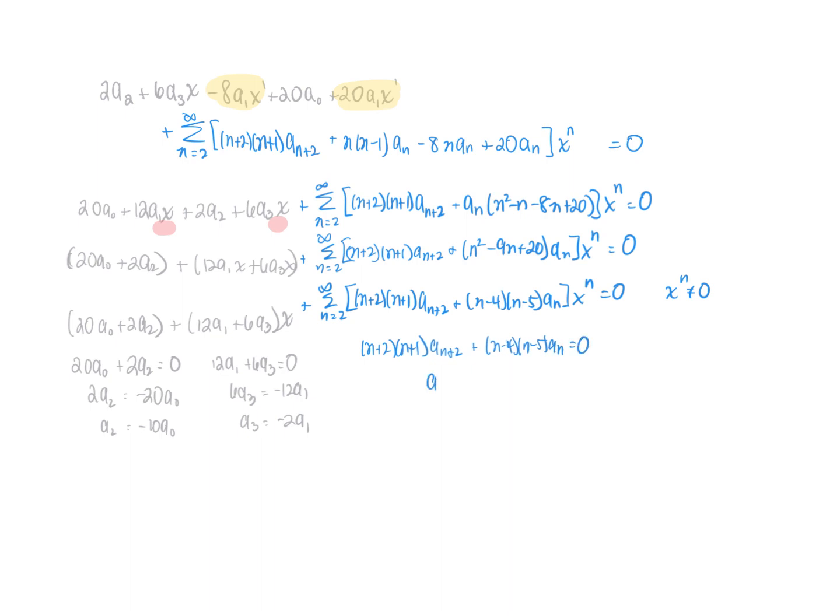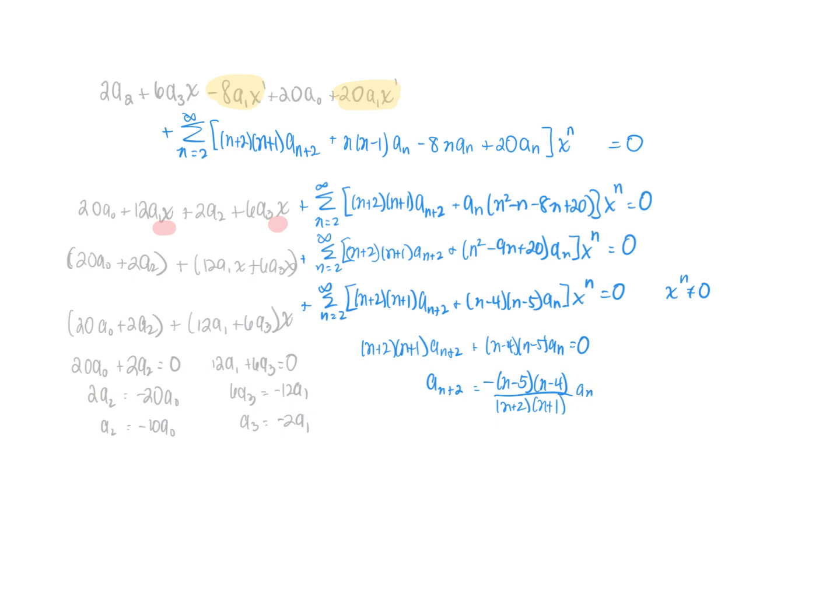Or if we solve for a sub n plus 2, we really get a negative times n minus 5, I'm going to put them in order here, and n minus 4, over n plus 2, n plus 1, all times a sub n.